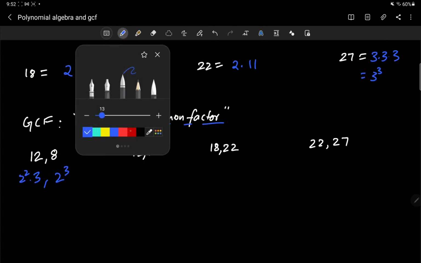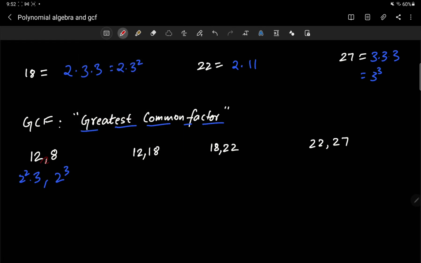Common factor means something that appears in both. Now, 3 definitely does not appear in the second one. 2 does, but how many of them? There's exactly 2 of these, so 2 squared, which is 4. And what's special about this number? 4 is the largest number that divides both 12 and 8.